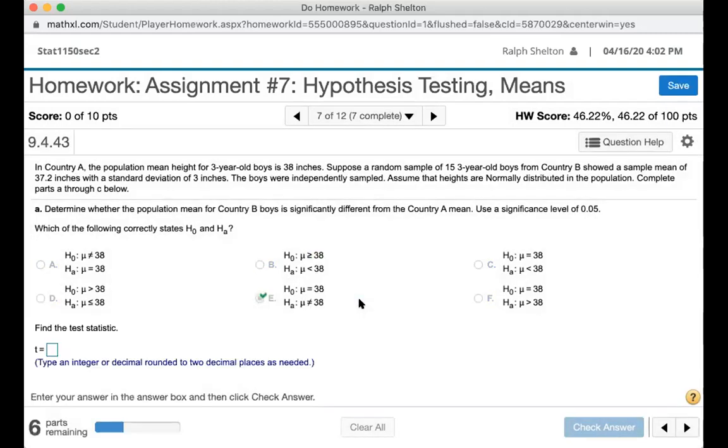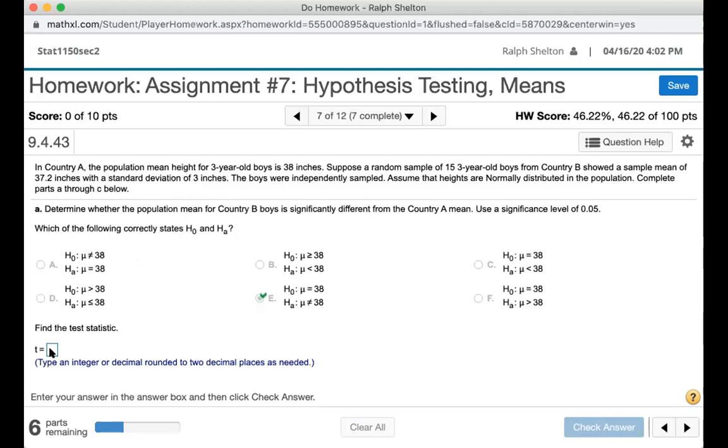Okay. Find the test statistic, okay? We got 15 3-year-olds. Here's the sample mean, and here is the sample standard deviation. So here, T, we go back to our formula for T, and T equals X bar minus mu sub naught over the standard error, okay?